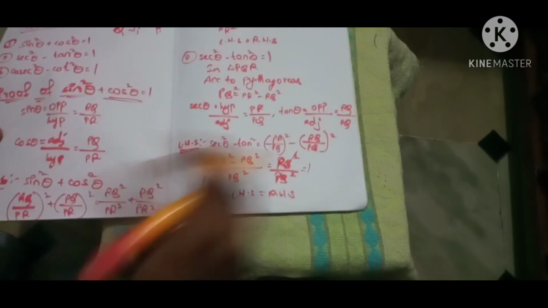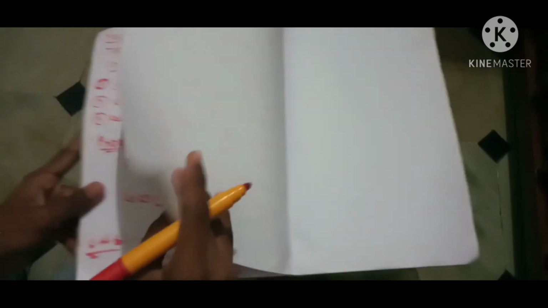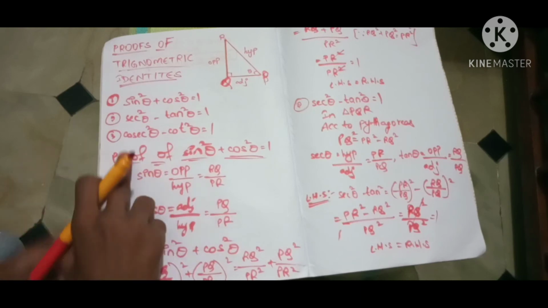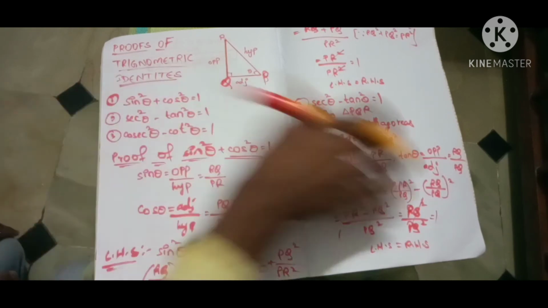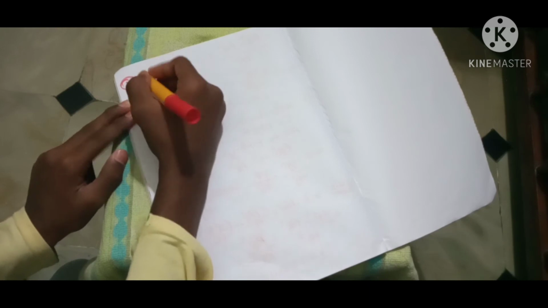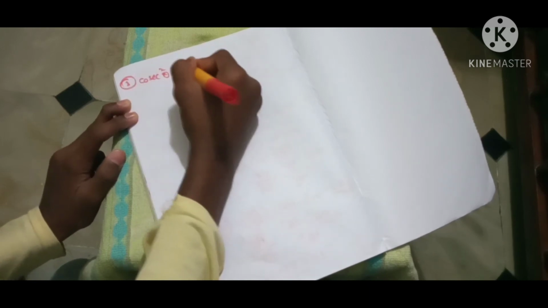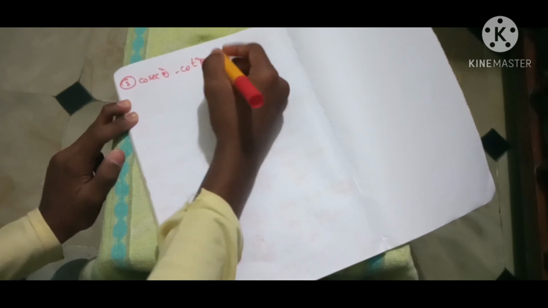Now we are going to the third identity. The third identity is cosec square theta minus cot square theta is equal to 1.